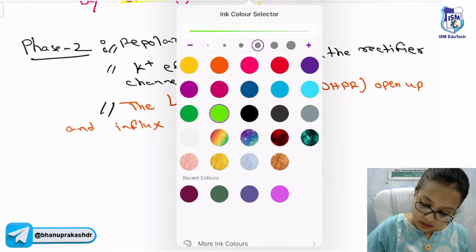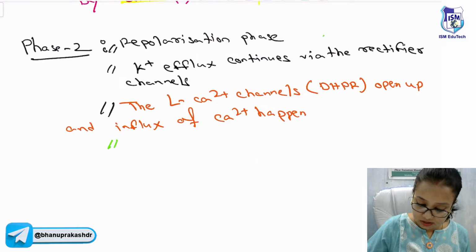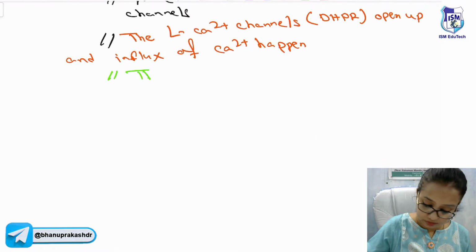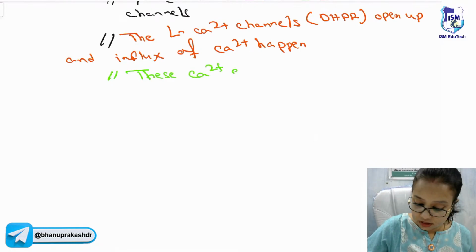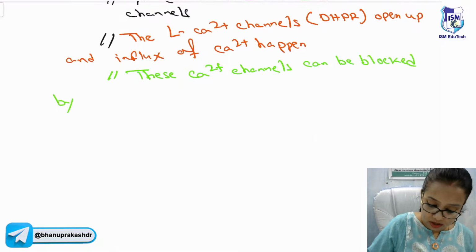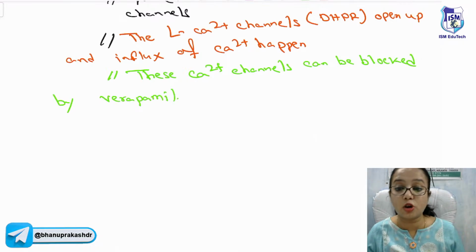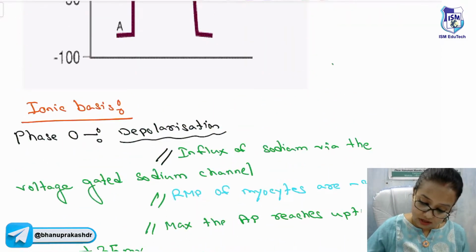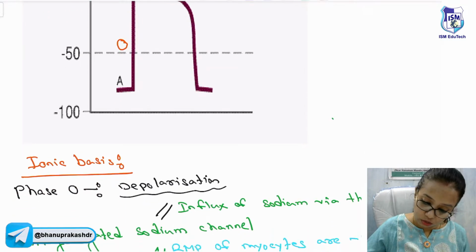The important point in context to that to remember is that these calcium channels can be blocked by verapamil, the calcium channel blockers. Okay, this is what is happening in phase 2.